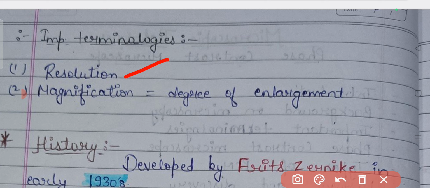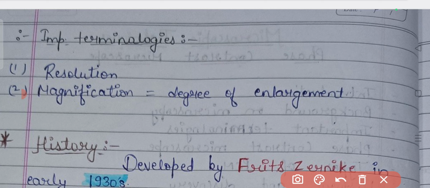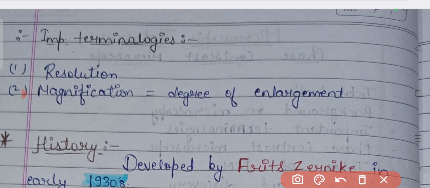Resolution is basically the ability to distinguish between two nearby lying objects, and this ability to distinguish them is the resolution property that we will discuss in later detail. And the next is the magnification of the microscope, that is, the degree of enlargement that each microscope has is known as the magnification property of the microscope.